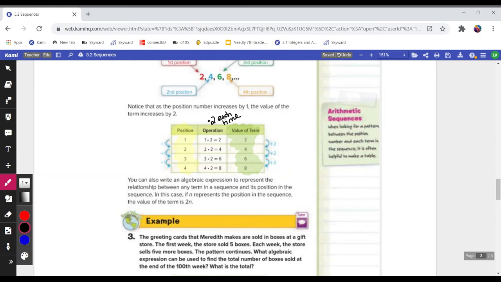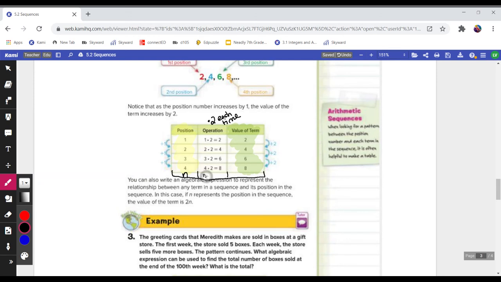So you can also write an algebraic expression to represent the relationship between any term in a sequence and its position in the sequence. In this case, we're going to have n represent the position in the sequence. So that's this, we'll just say down here, n. Adding an extra row into my table.